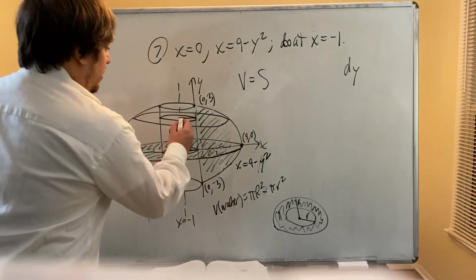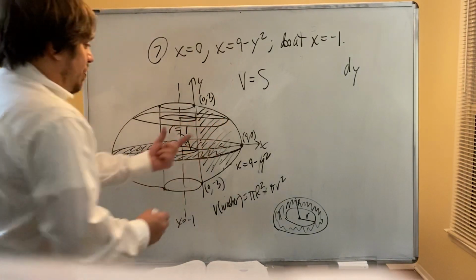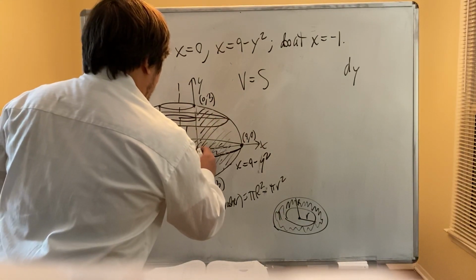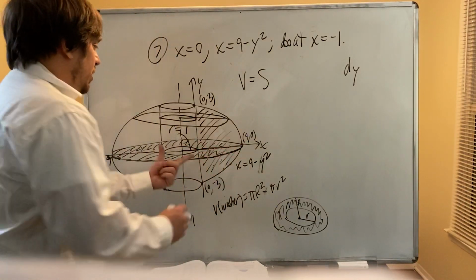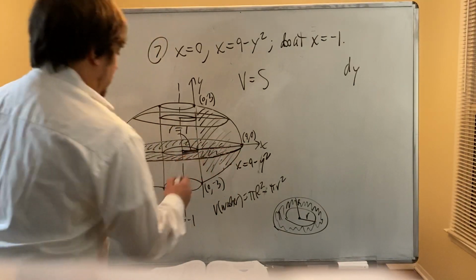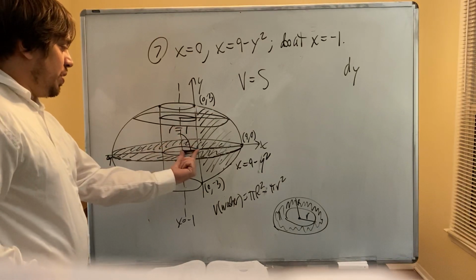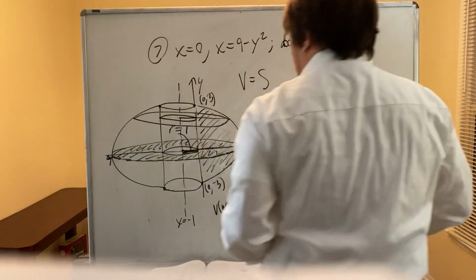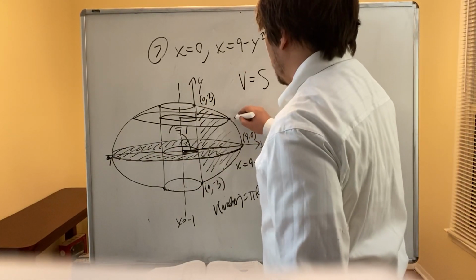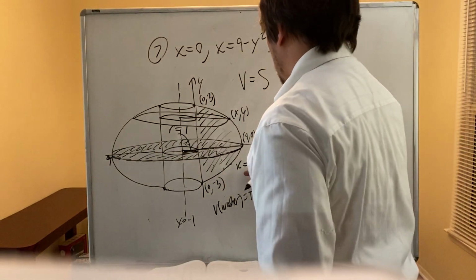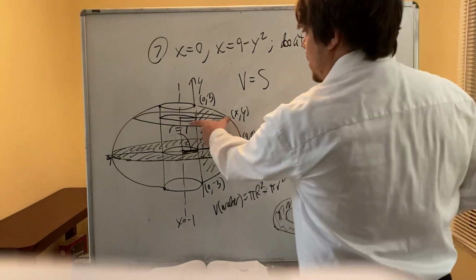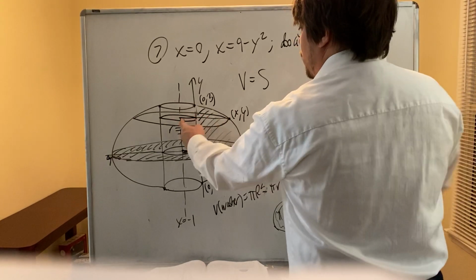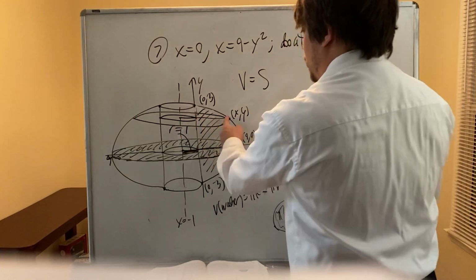Now capital R, I'm now going to extend this. Capital R is the length of that whole thing. Little r equals 1 is only this part of it. Now this whole thing is the larger radius. And so the x distance of a point on this curve, this is a point (x, y) on the curve x equals 9 minus y squared. The larger radius is 1 plus the x coordinate of this graph.